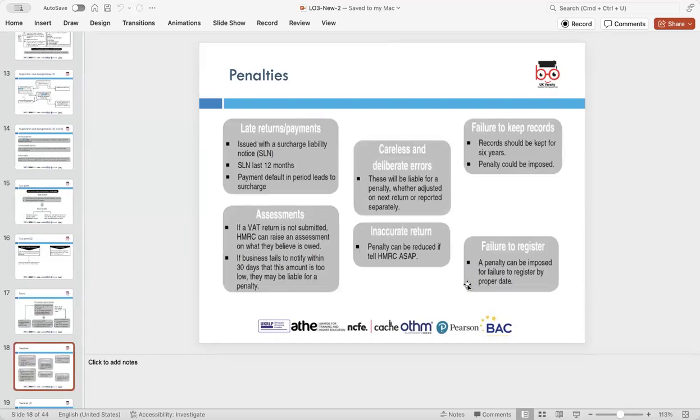If a VAT return is not submitted, HMRC can raise an assessment based on their estimate of the amount owed. Businesses failing to dispute this assessment within 30 days may be liable for penalties.